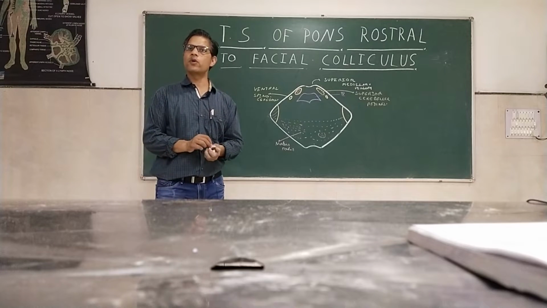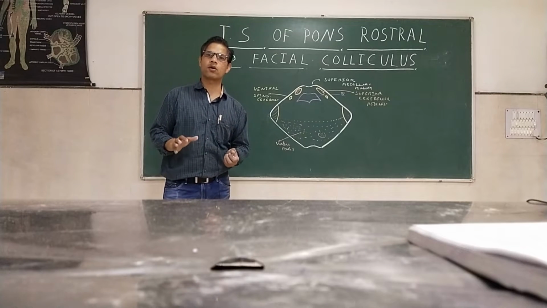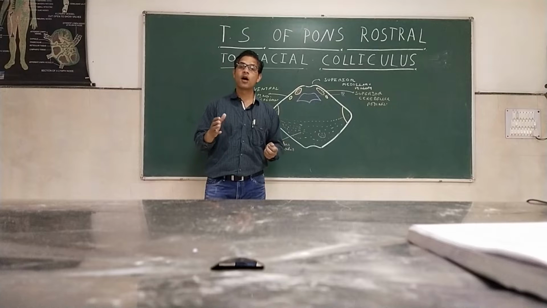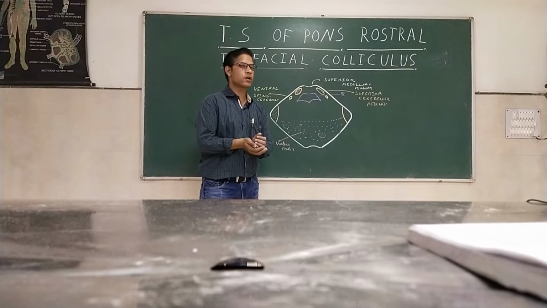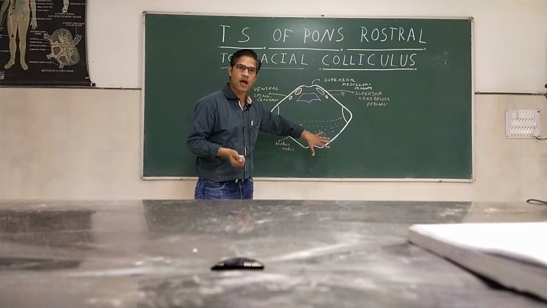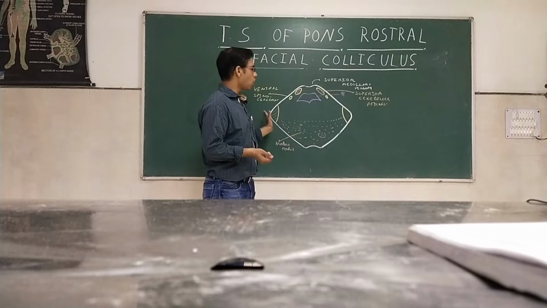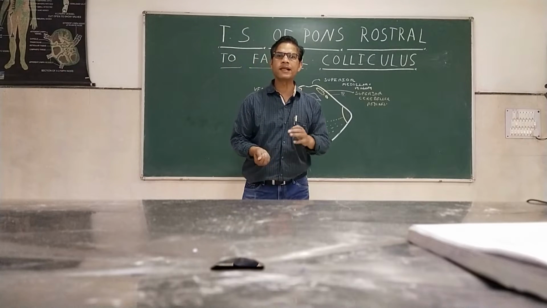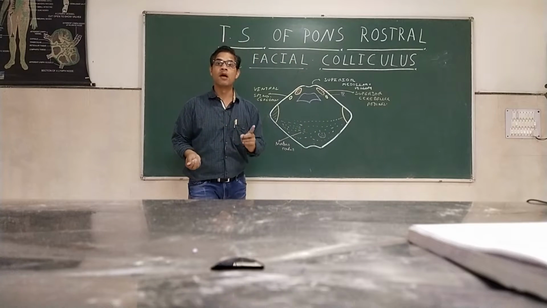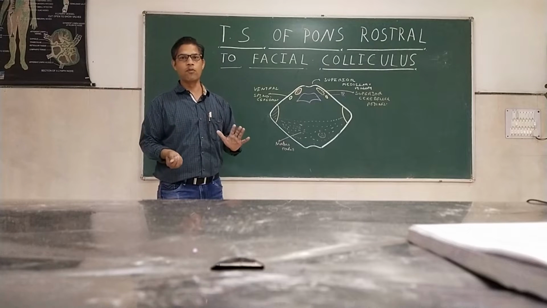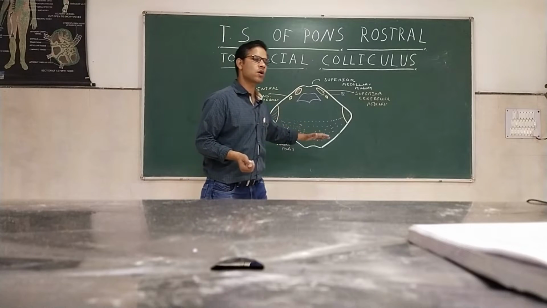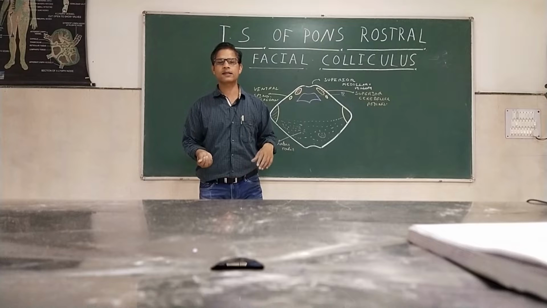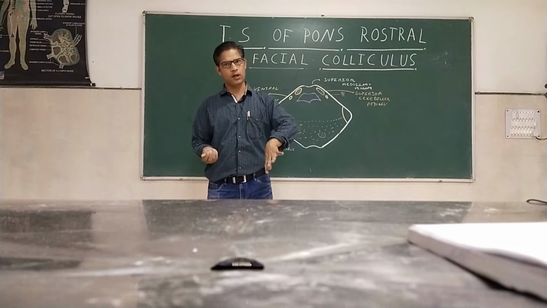Again I remind you, besides the pyramidal tract, corticospinal, corticonuclear or corticobulbar tract, there are the corticopontine fibers, which go contralaterally through the middle cerebellar peduncle to the cerebellum for the refinement of movement. This part is almost similar to the level of the facial colliculus.